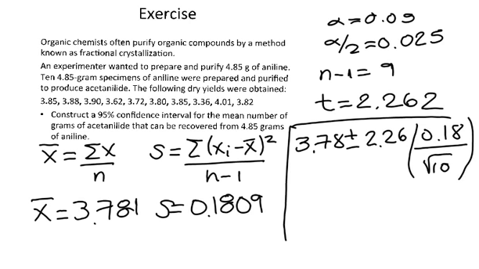So if you do the calculations, you will get a confidence interval like this. So again, the conclusion is the same. With a confidence of 95%, the true mean number of grams that can be recovered from 4.85 grams of aniline is between 3.65 and 3.908.